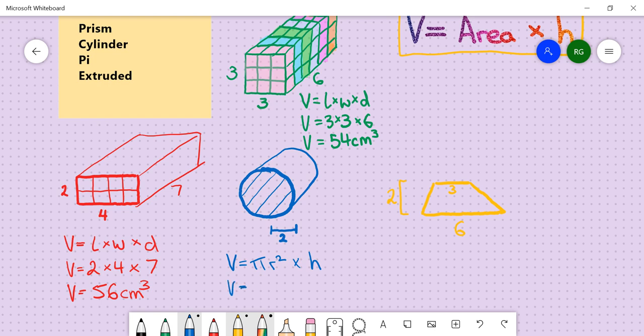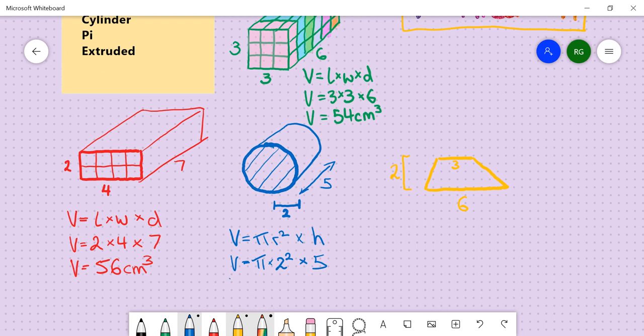So volume equals pi times r squared, and r squared in this case is 2. So 2 squared is going to be 4. Multiplied by the height, and we haven't actually recorded that in here, but let's say it's 5, like so. We complete our formula.